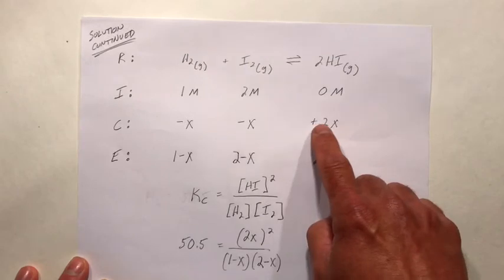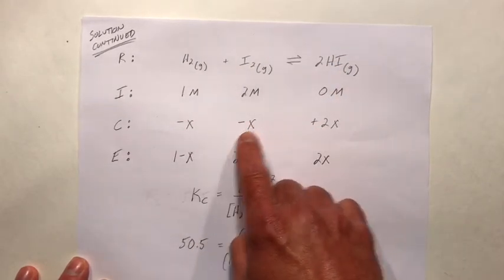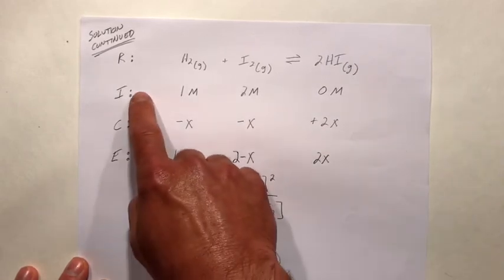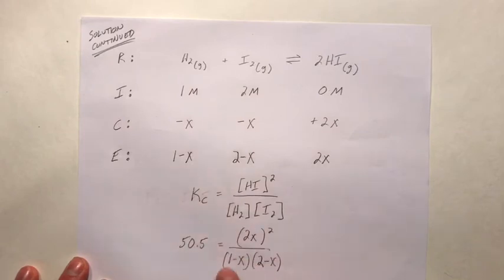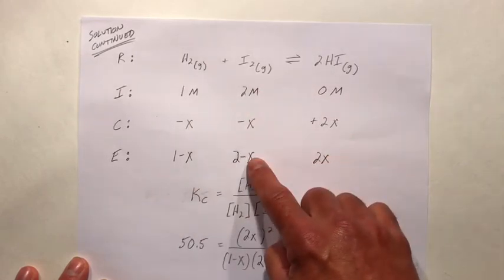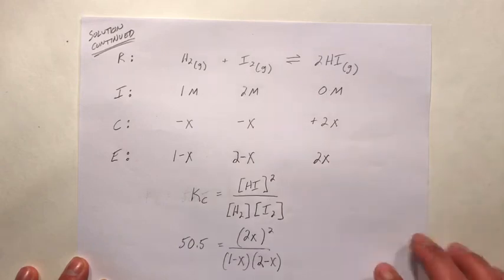Again, products are always positive, they're added on as our change, and reactants are always negative, they're going to be taken away as our change. Now if we combine the initial and the change steps, we get the equilibrium state. So 1 minus x here, 2 minus x here, and 0 plus 2x, or just 2x here.